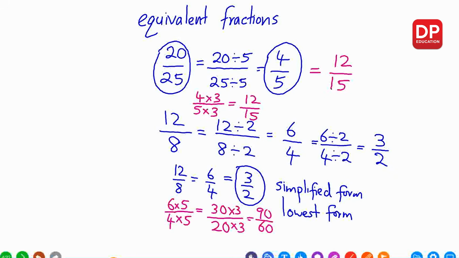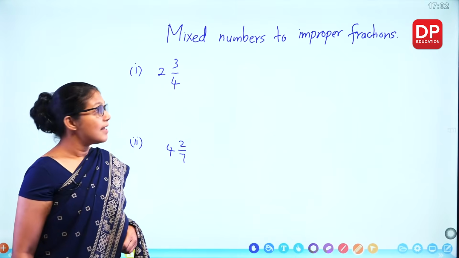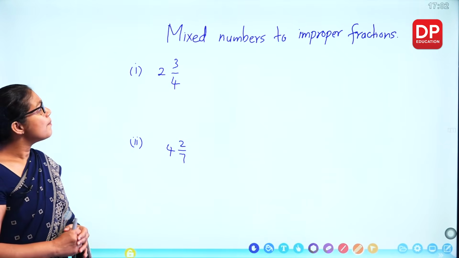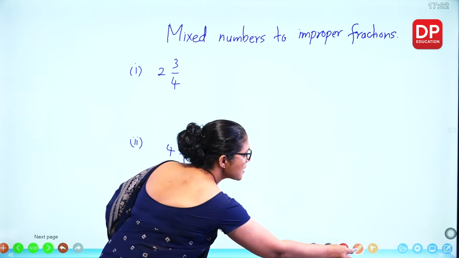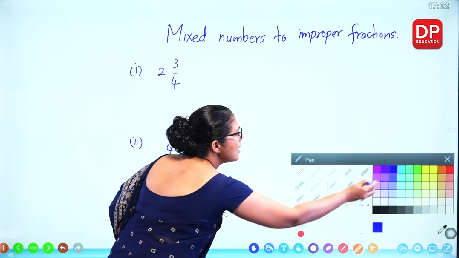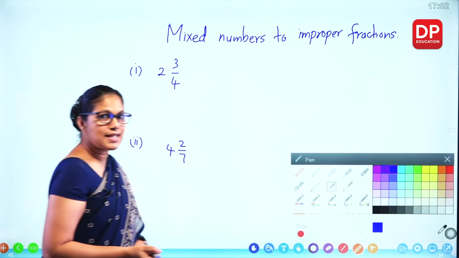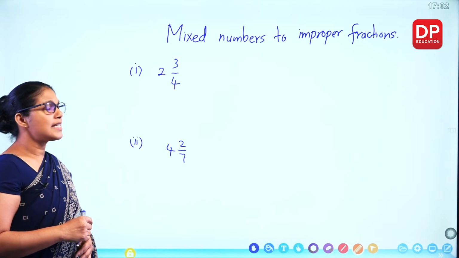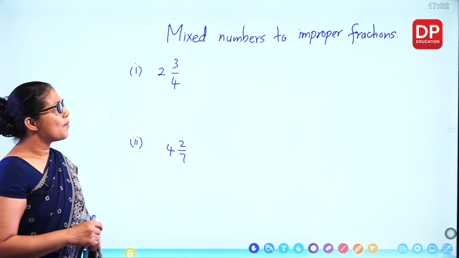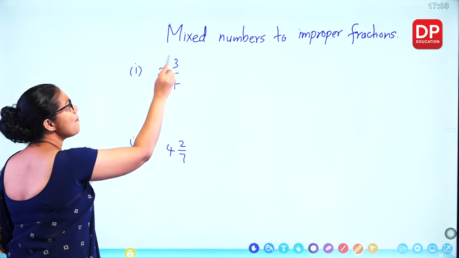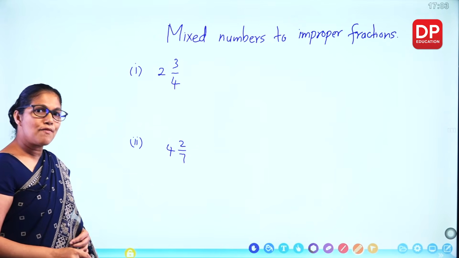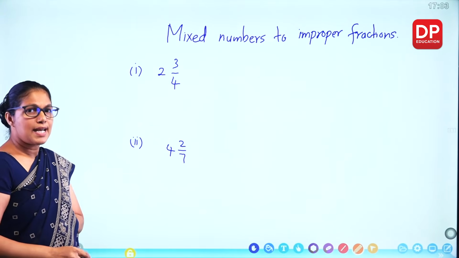Now we'll see how we can convert mixed numbers to improper fractions. Here you know what improper fractions are? When the numerator is bigger than the denominator. So improper means the numerator is bigger. Now what is this number? This number we call a mixed number.